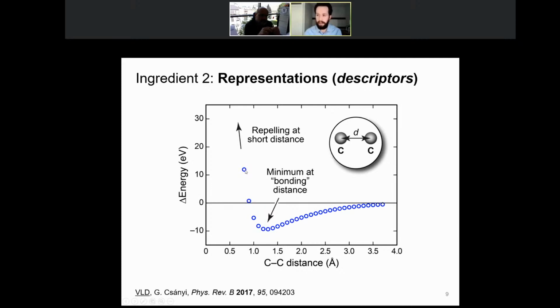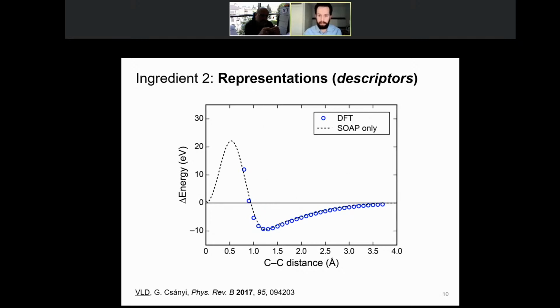So if I try to make an ML potential just using a many-body term, which in this case is SOAP, which could be any very flexible many-body term, I'm going to get a potential which looks like this. So it's really, really good in the area where the interactions are bonding. But over here, it's going to be quite bad.